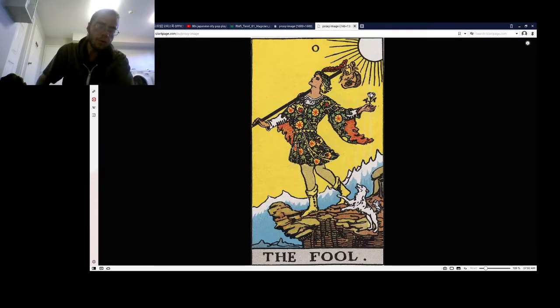So the Fool card is a card that depicts materialistic reverence, and the Fool card depicts the folly of man through naivete.